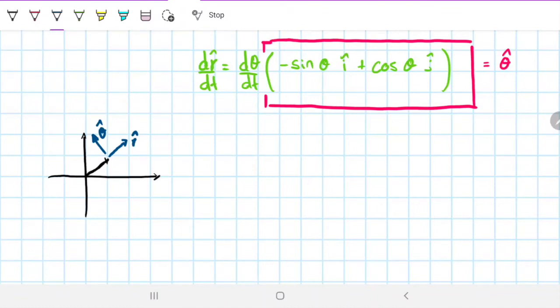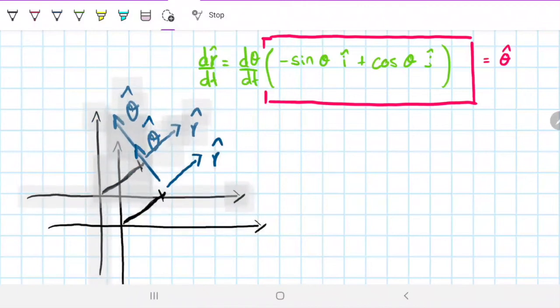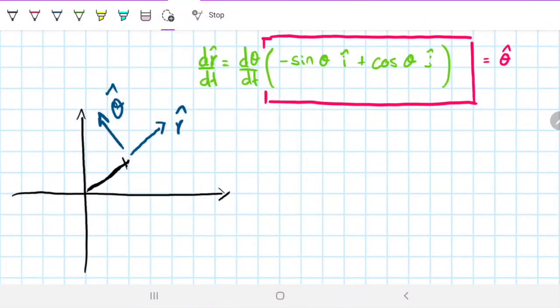Okay, so let me see if I can increase this drawing, make it a bit bigger. Okay, not as pretty, but still exactly what I wanted. Note the following: this angle here is theta, right? So if that's theta, that means that this guy also has to be theta. These two, there's a 90-degree angle between the two of them.